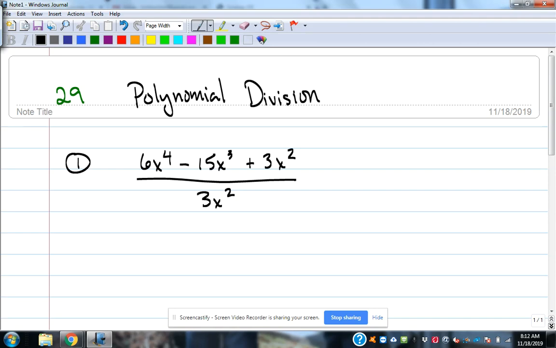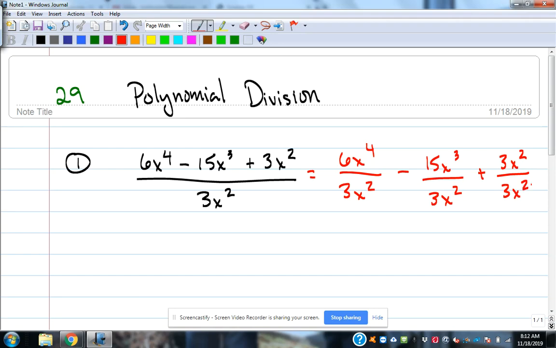If we were going to simplify this, the way we'd done that before is we took 6x to the fourth and just made 3x squared the denominator. Same thing for the next piece and then the last piece. And then we simplified each of those fractions. So simplifying using exponent rules and just regular fraction stuff that we knew about before.